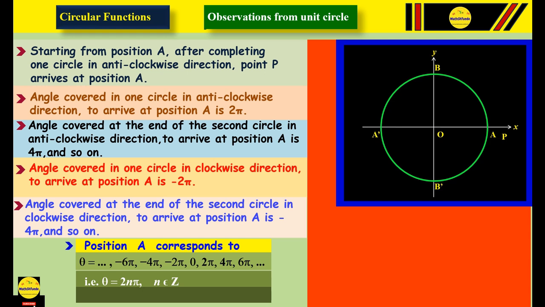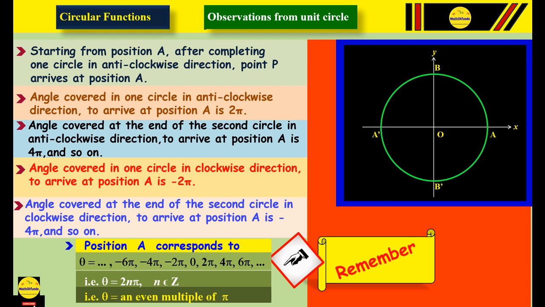You multiply it by pi, so it gives you an even multiple of pi. And what does n stand for? n is any integer, so I say n belongs to Z. I am sure the belongs-to notation is known to you. Capital Z I have written here for the set of integers. Now, another way is you write in a statement that theta equals an even multiple of pi.